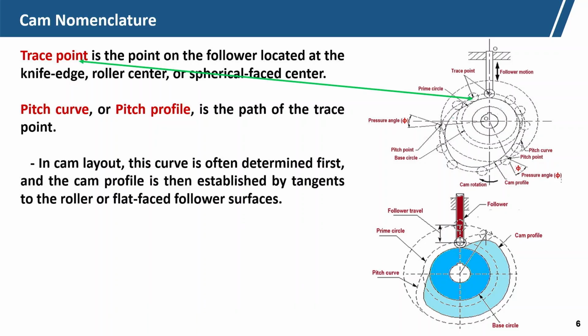In cam layout, the pitch curve is often determined first. We first have to determine the pitch curve, and the cam profile is then established depending on the size of the follower.